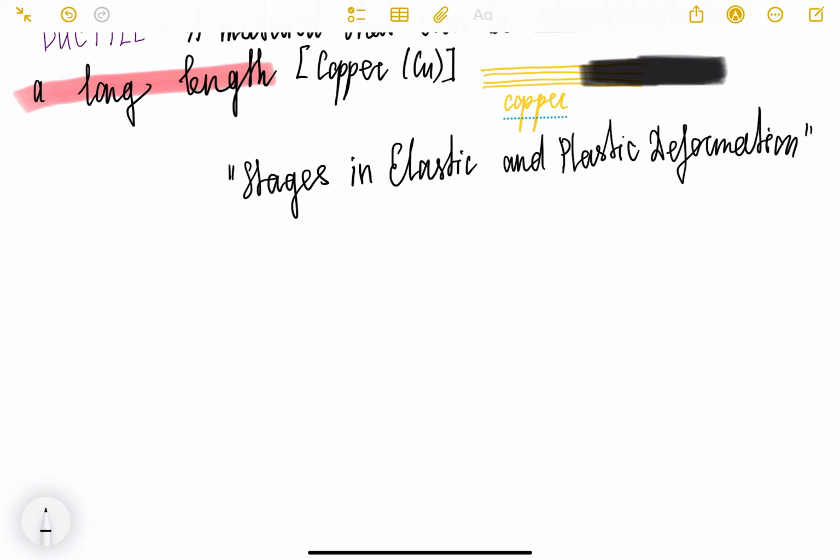This graph shows the typical extension behavior of ductile materials in tensile testing. And this is the sample, okay? This is the graph I'm trying to draw.